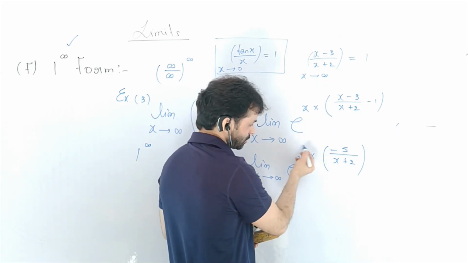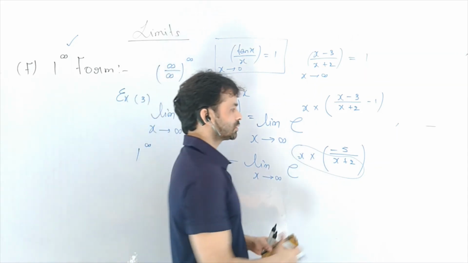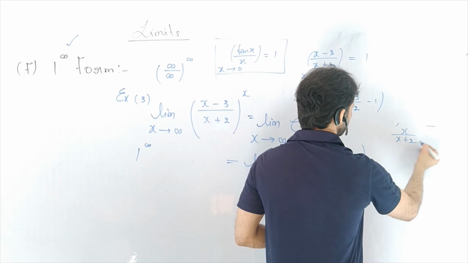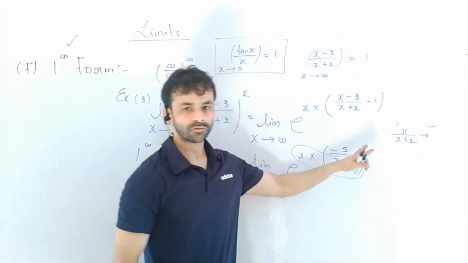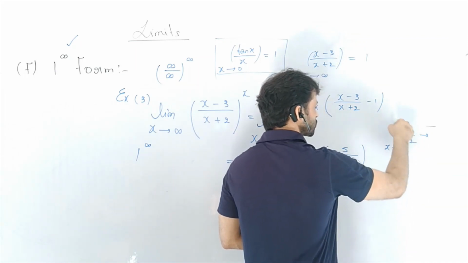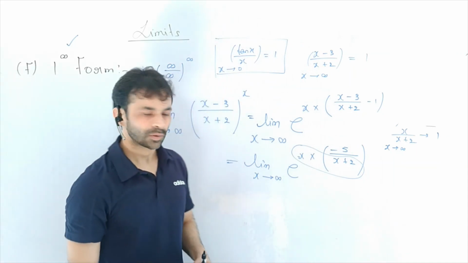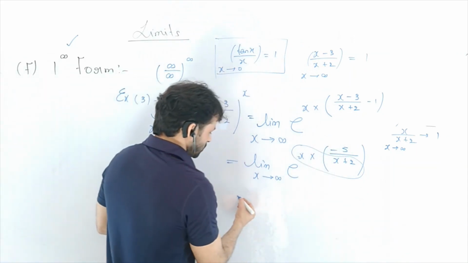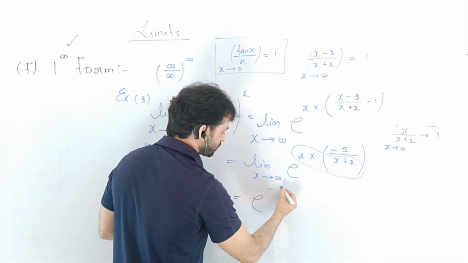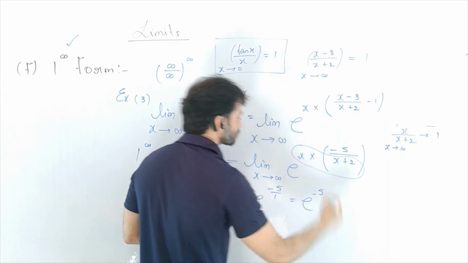For x by x plus 2, as x tends to infinity, the limit is a naught by b naught, the coefficient of x divided by the coefficient of x, that is 1. So we put the limit: e to the power minus 5 by 1, which means e to the power minus 5. So such are the formulas.